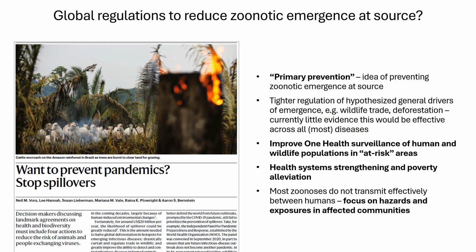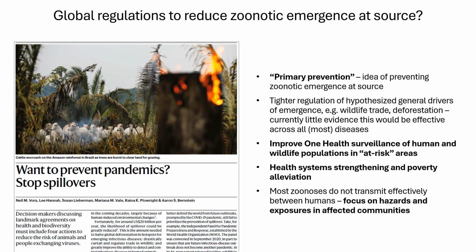Globally, there's been a lot of advocacy recently, post-pandemic, for regulating to reduce zoonotic emergence at source, this idea of primary prevention, and more tightly regulating some of these hypothesized general drivers of emergence, like wildlife trade and deforestation.